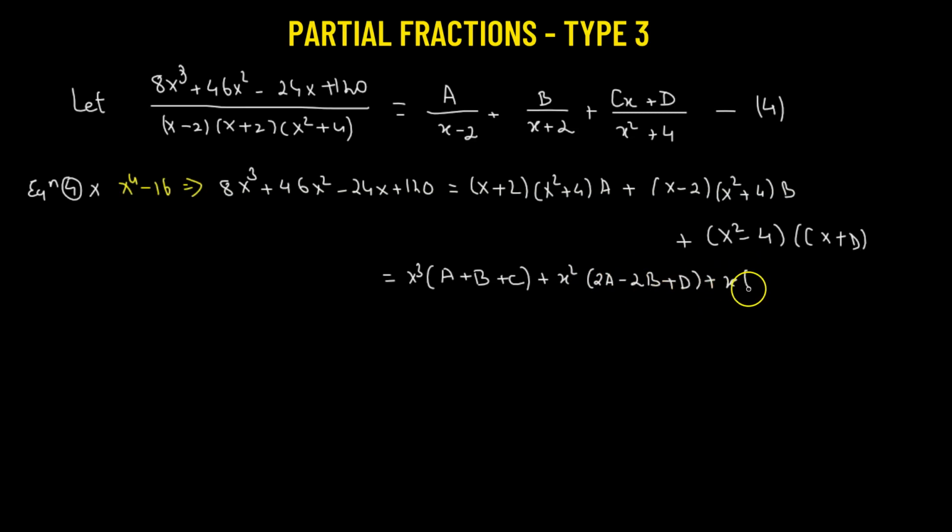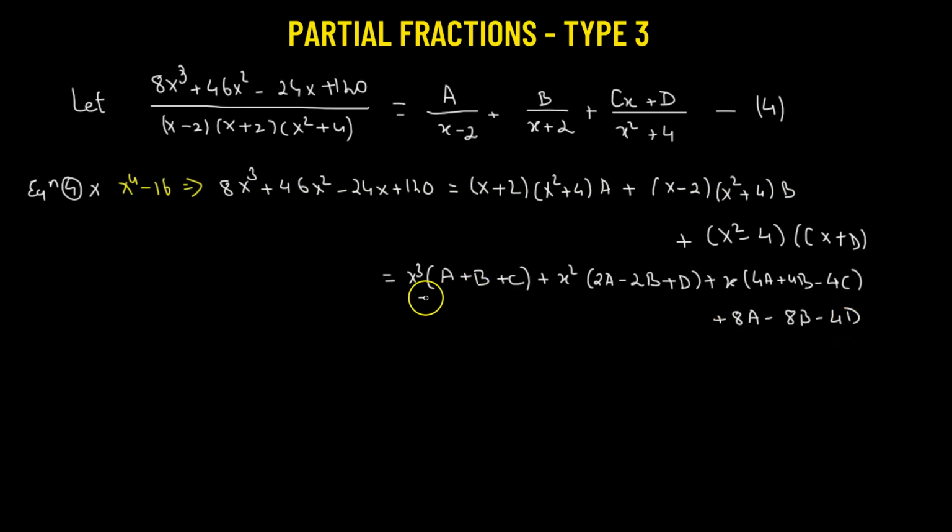Then we have x, whose coefficient is going to be 4a plus 4b minus 4c. And then we have the constant term, which is going to be 8a minus 8b minus 4d.